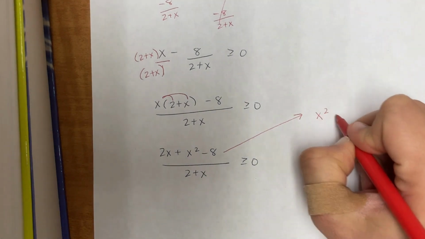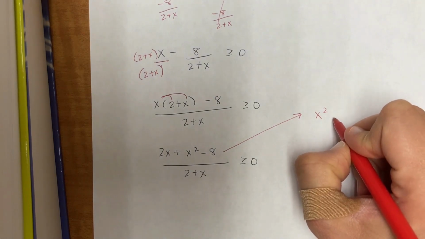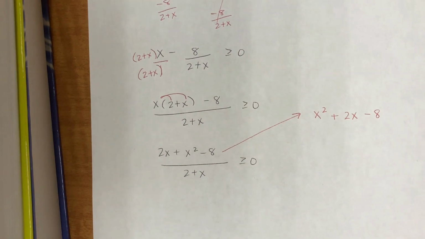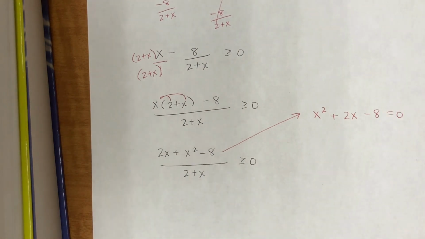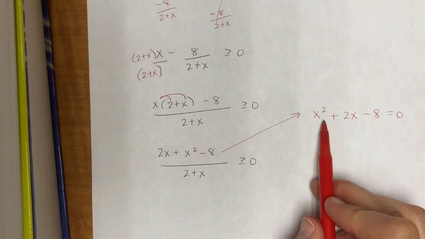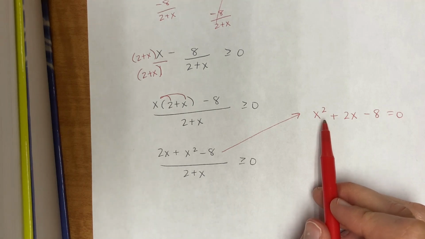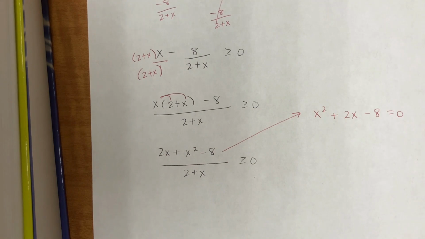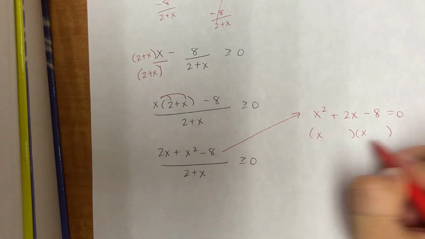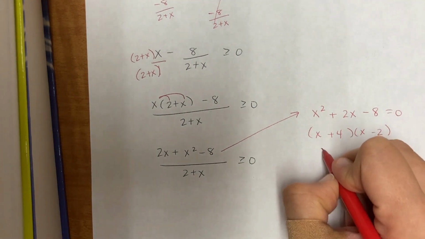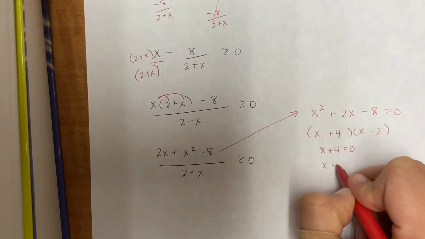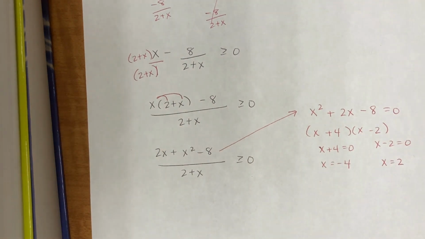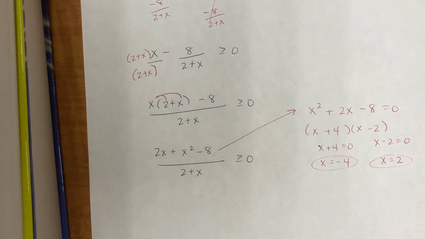So I'm going to write it in the correct format from x squared to just my x piece to my constant whole number. Okay, so if I set that equal to 0, the way we solve things that are squared is by factoring or using the quadratic formula, or you could complete the square if you wanted to. Set each one of your factors equal to 0, so now I'll have 2 of my answers.